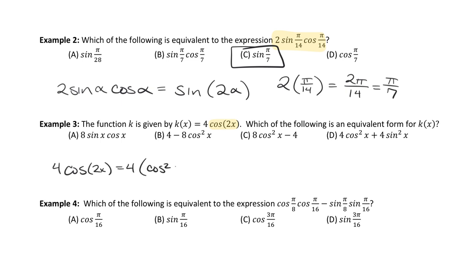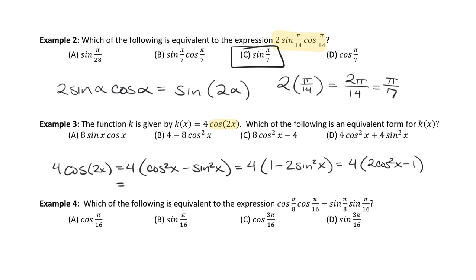Cosine squared of x minus sine squared of x, or 1 minus 2 sine squared of x, or 2 cosine squared of x minus 1. I have just made a list of all of those formulas.